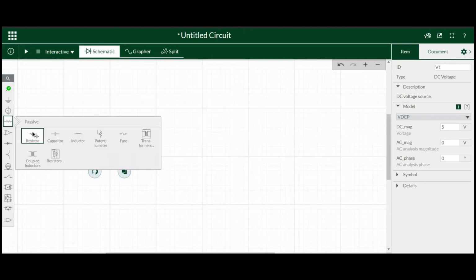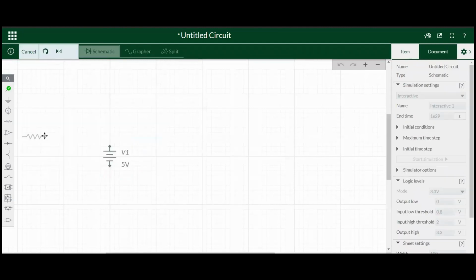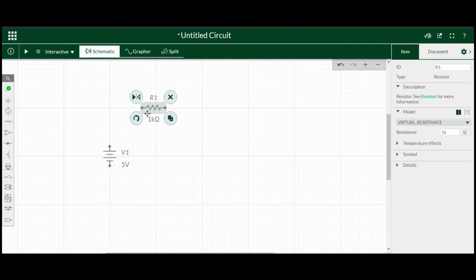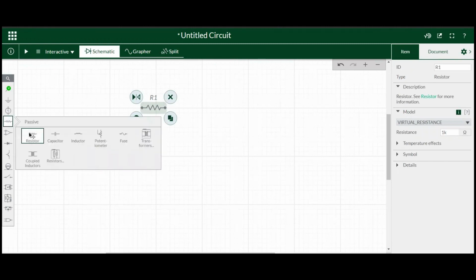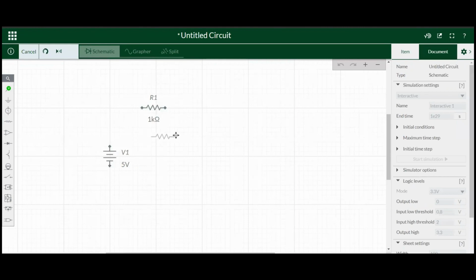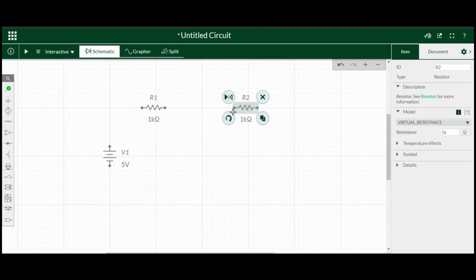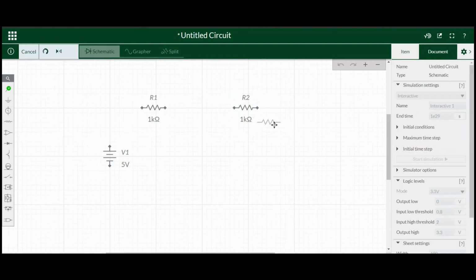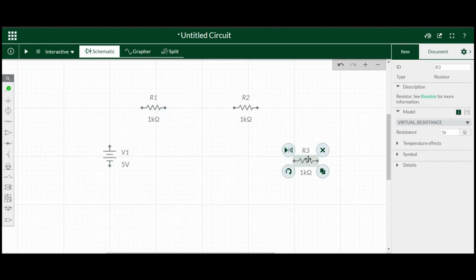Next, let's add 3 resistors in series. Let's use the copy feature to add the last resistor.